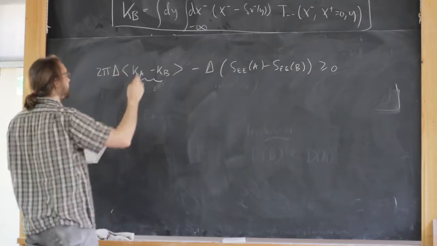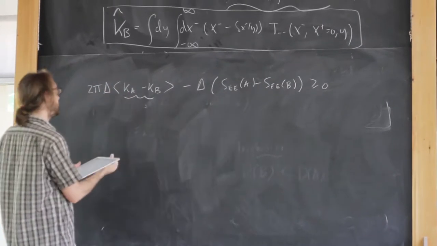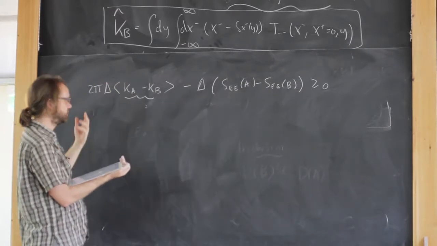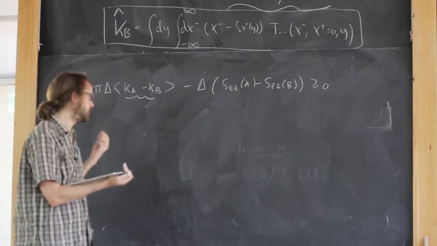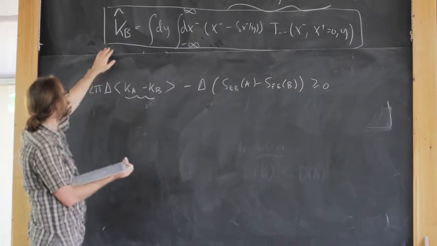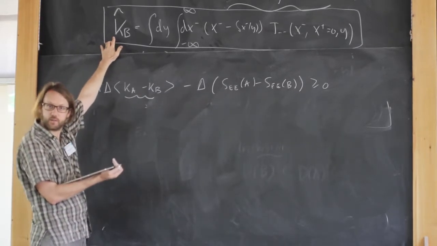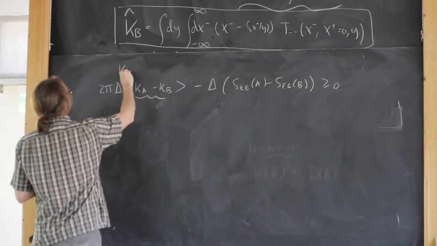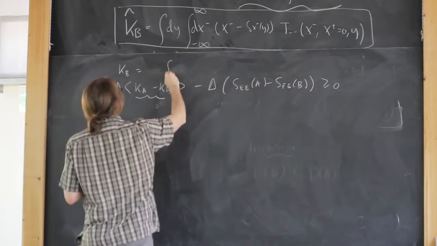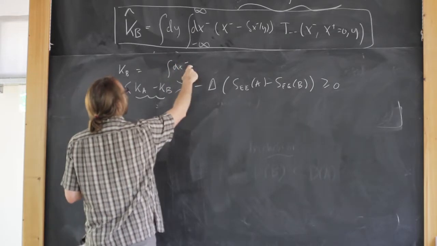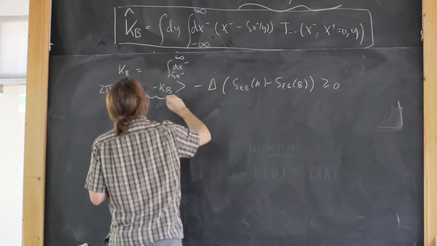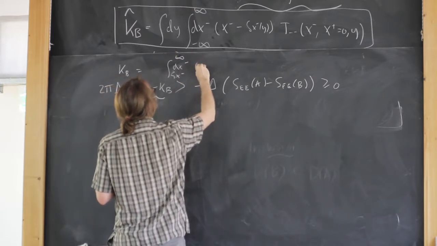At this point, what I'm going to do is something that is okay, although ultimately it's not necessarily for the average null energy condition. I'm going to take this expression for the full modular Hamiltonian and just guess the expression for the half modular Hamiltonian as being the same expression, but where now I integrate from delta x minus to infinity.